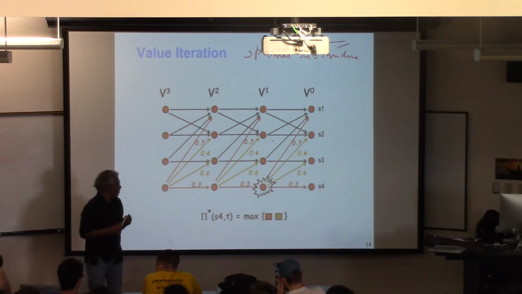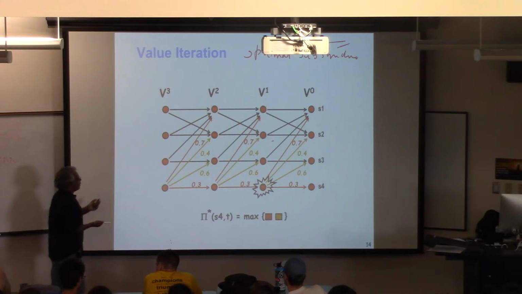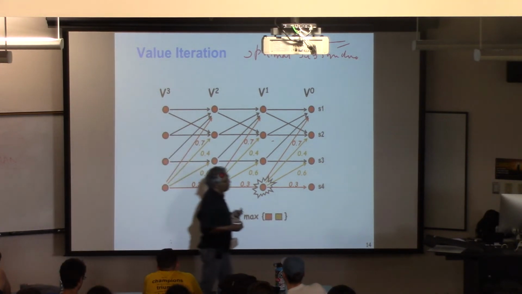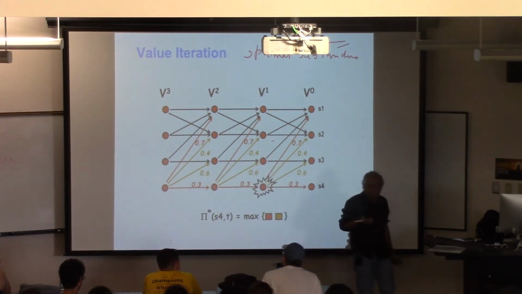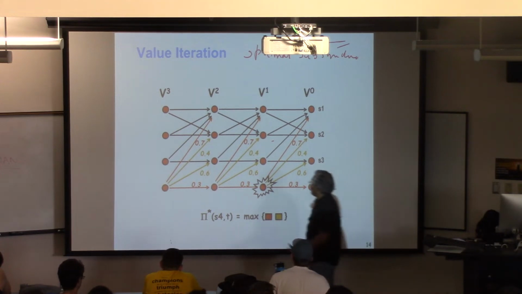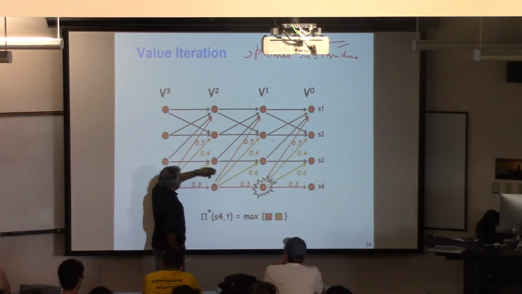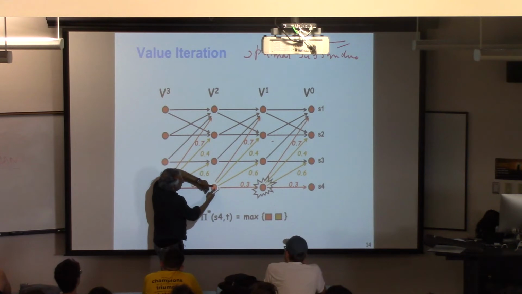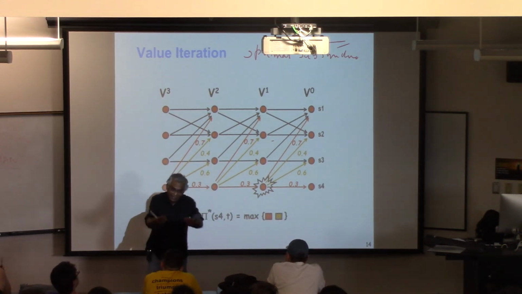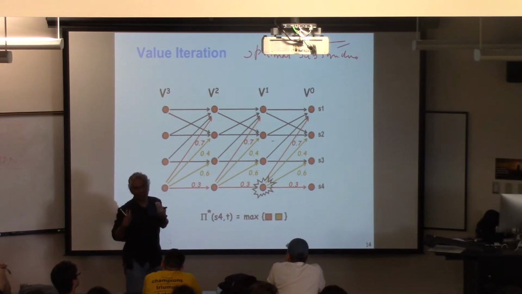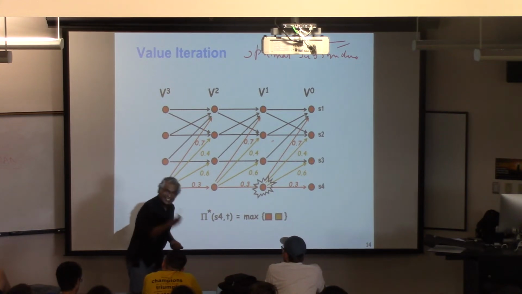Okay? So, of course, this will give you the values everywhere, and then you have to convert it into the policy. And as I said, if you are in this particular state, you could do either this red action or the yellow action. You pick the action that is bringing back the best expected value. So in fact, you don't even have to do it as a separate level.